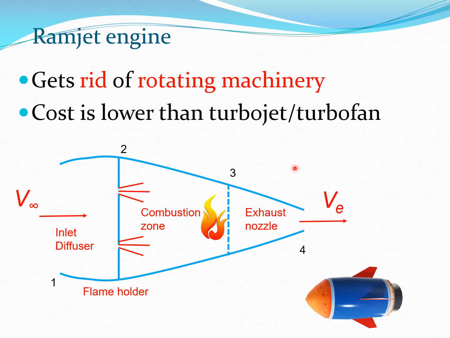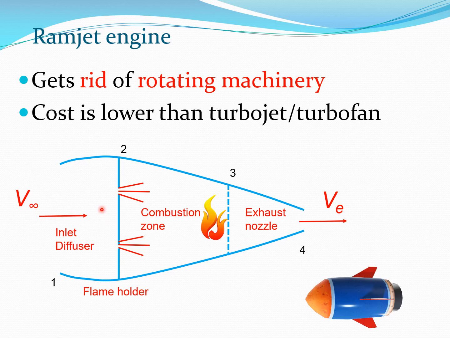So one of the things people try to do, especially if they are trying to power something like a rocket or something which only has to go on a one-way mission, is to get rid of the rotating machinery, and a device which can do that is the ramjet engine. So the ramjet is shown here. Again, it will take some air and throw it out at higher velocity, but it doesn't have a compressor and turbine. Instead, the air simply goes in through a diffuser.